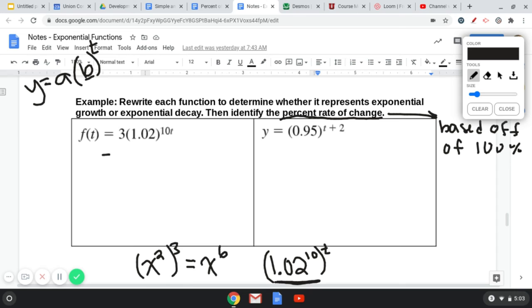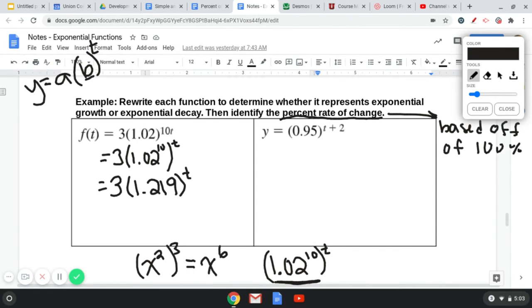So I'm going to go ahead and write that here. This is 3 times 1.02 to the 10th power to the t. Now I'm going to use my calculator to find 1.02 to the 10th power, which is 1.219, I'll round it, to the t.